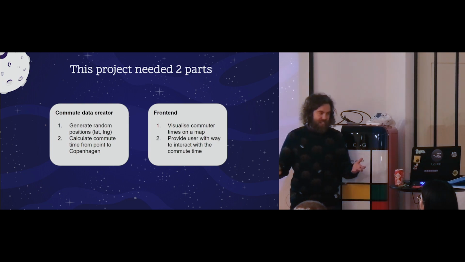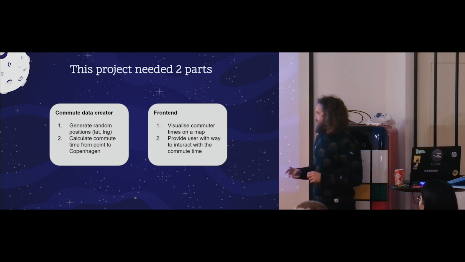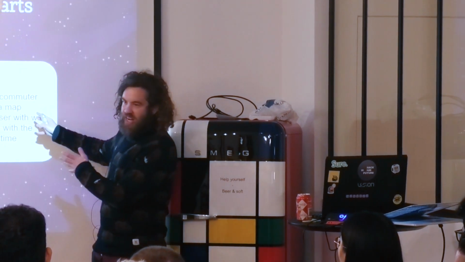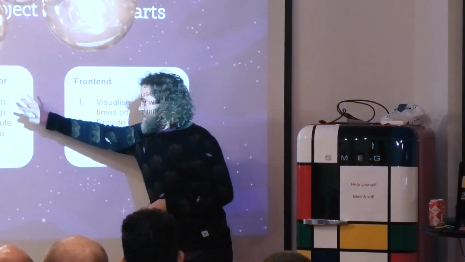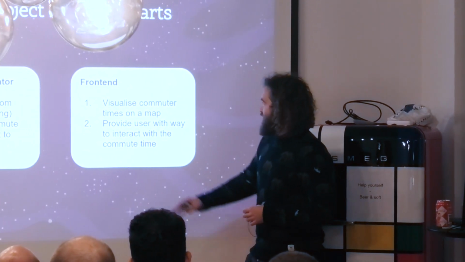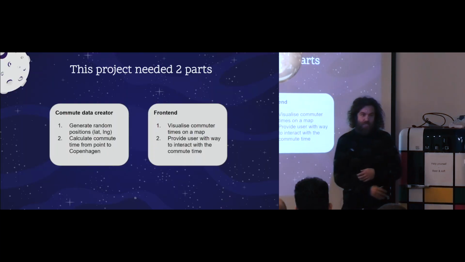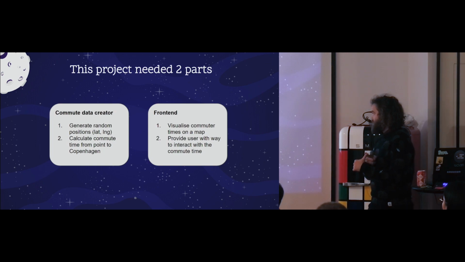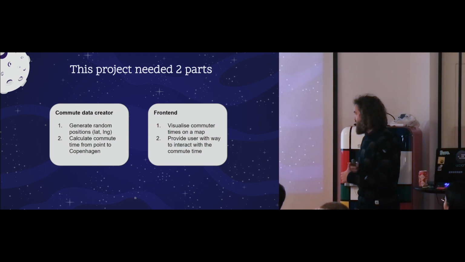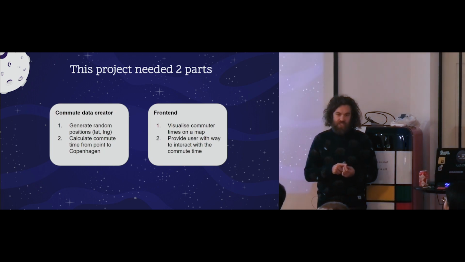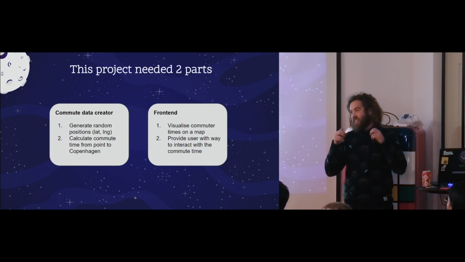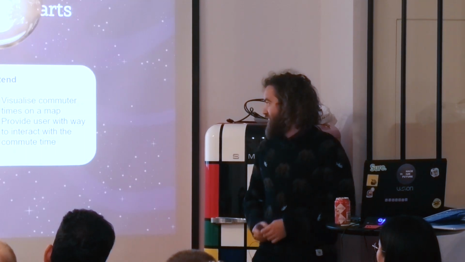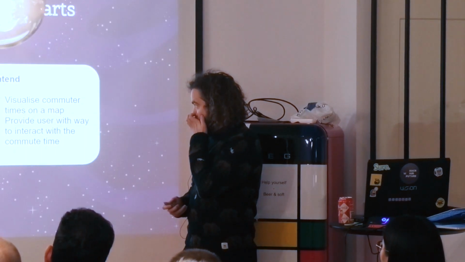This project has two parts. There's a part that generates the data, and a part that visualizes the data that was generated. The part that generates the data is basically just two steps. I generate a bunch of random positions with latitude and longitude. And then for all those positions, I check how far it is from here into Copenhagen.